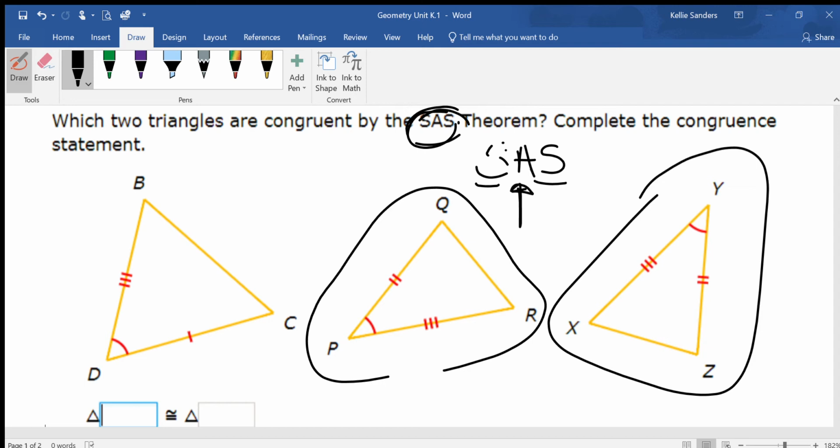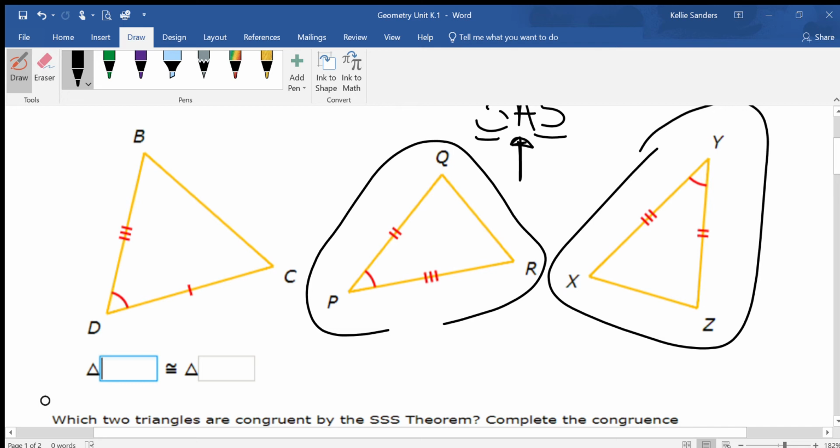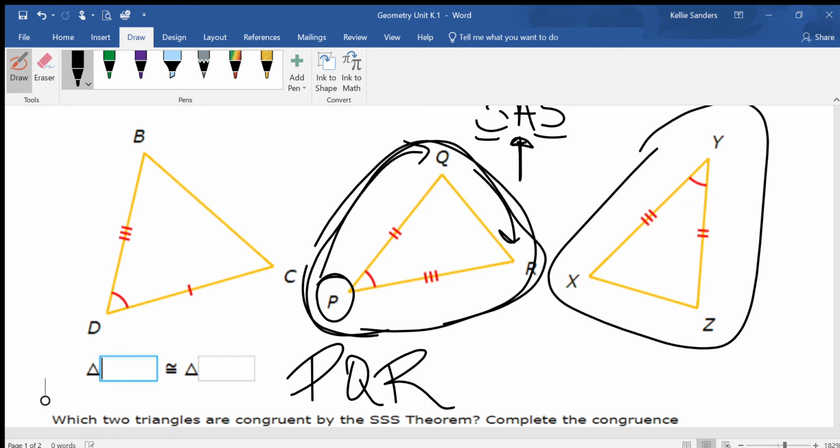So we are going to name it. When you're naming the first one, it doesn't matter what order you start off with. Since I did P, Q, R, I went P to Q to R. Since I started with P on the first triangle, I have to start with its corresponding angle on the other triangle.